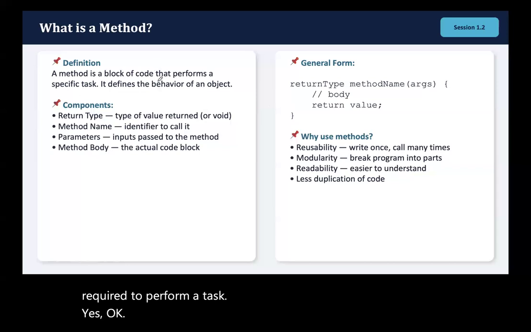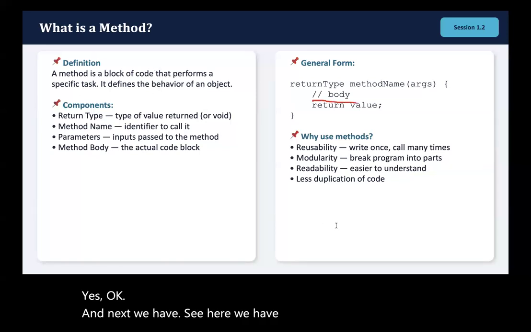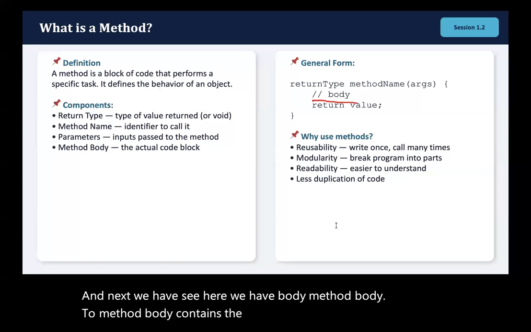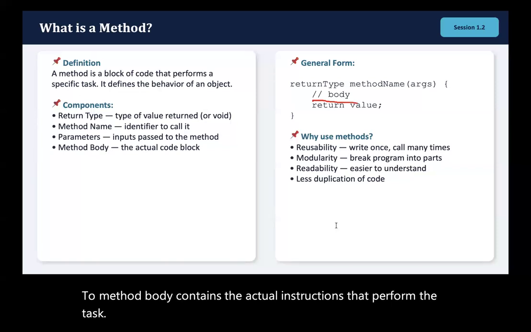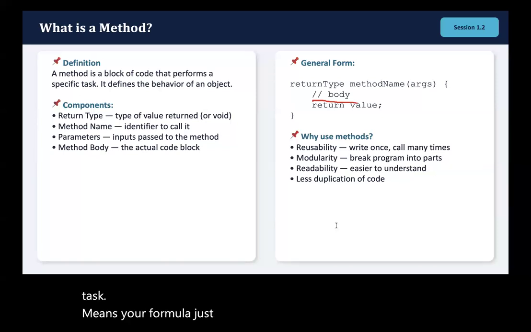And next we have the method body. The method body contains the actual instructions that perform the task. It means your formula. Just now we did area of a rectangle.